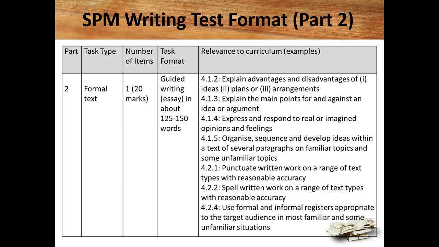It is considered guided writing in about 125 to 150 words. Some of the questions will ask you to explain advantages or disadvantages, or you may have to develop ideas based on the scene given in the question.